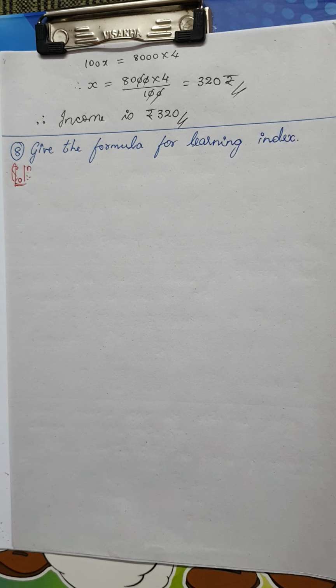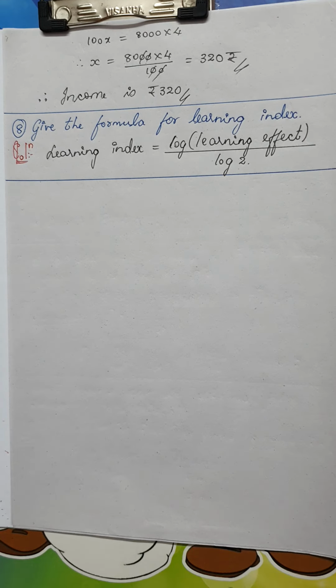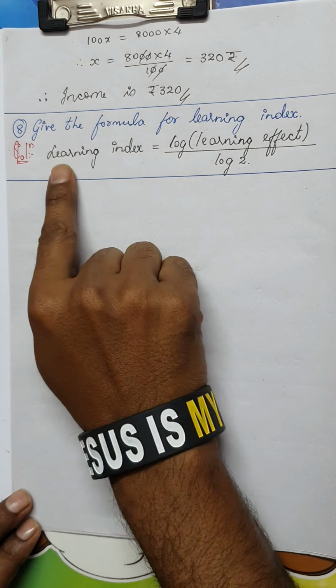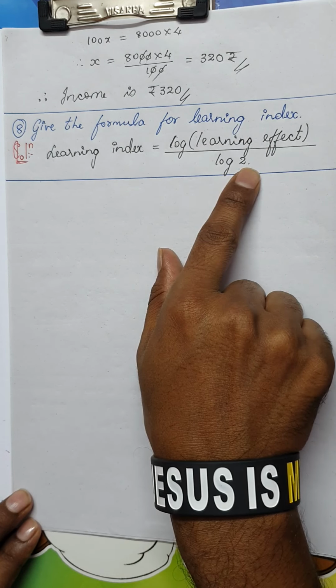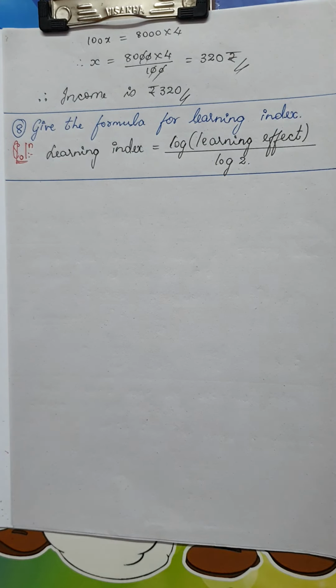I have a simple formula. I hope you can never forget this formula. So you can never get 0 in basic maths. I'm 100% sure about it. So the formula for learning index is log of learning effect divided by log 2, right? No explanation is needed.